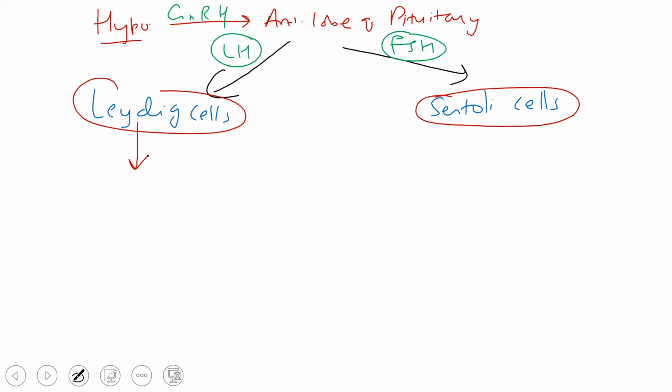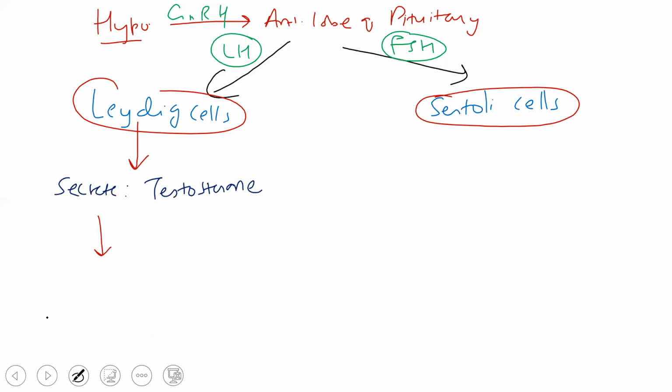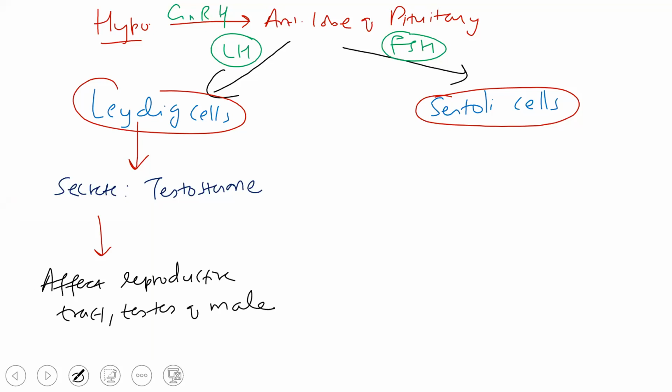Under the influence of LH, these Leydig cells will secrete testosterone, or male sex hormone, what we call androgens, and this will affect the reproductive tract, especially in males. Now FSH is affecting Sertoli cells.